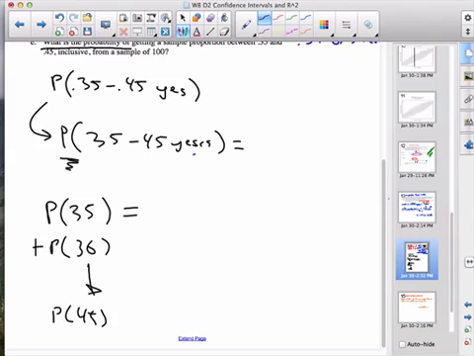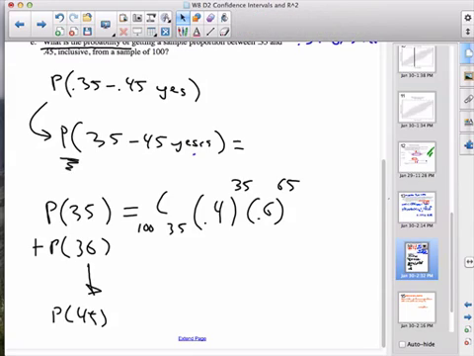What would the probability of 35 be? 0.4 to the 35th times 0.6 to the 65th, times 100C35. Nice. So this is one of the 10 that you have to crunch.